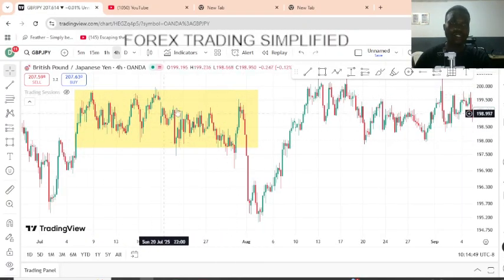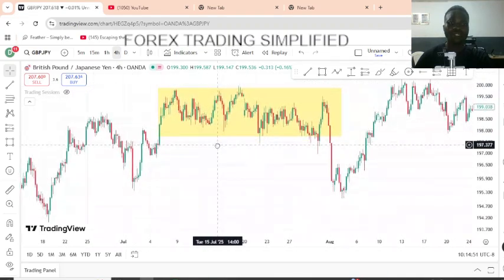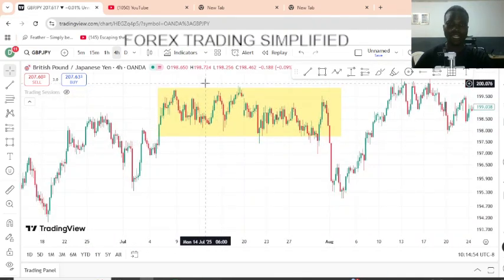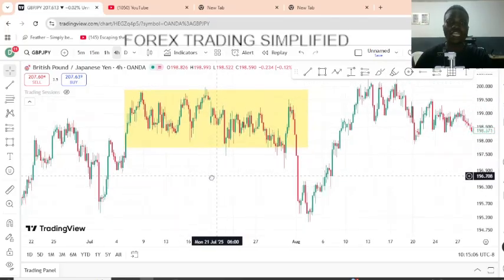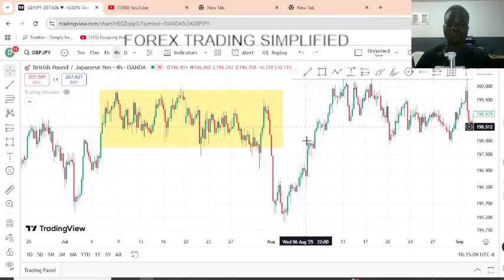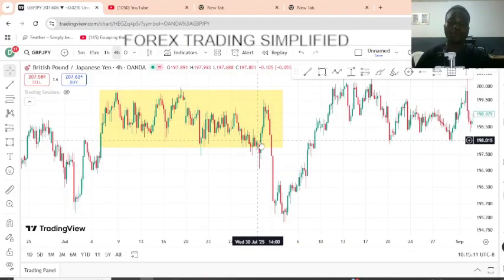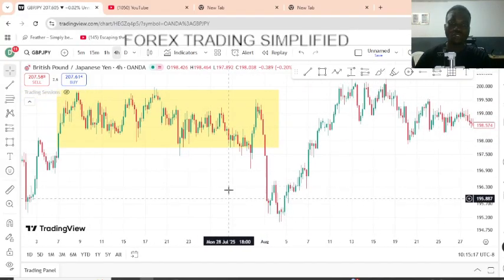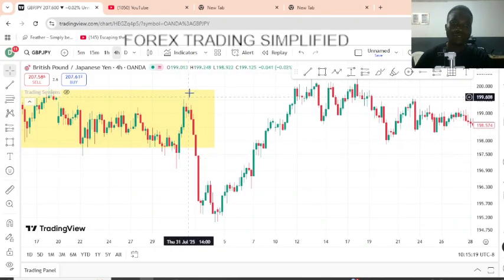All right, so the reason why we don't usually trade ranging markets is because we don't know where the market is actually going. And when you see a ranging market like this, you don't trade the market. You don't trade it. And the reason why is because if you trade the ranging market, for example, when the market gets right there and you see this green candle, you think that the market is actually going to go up.